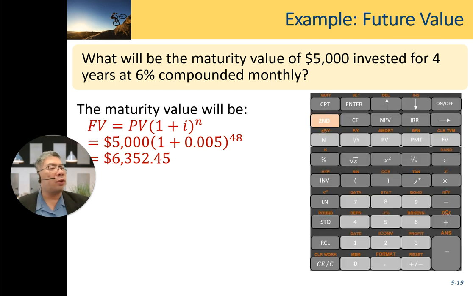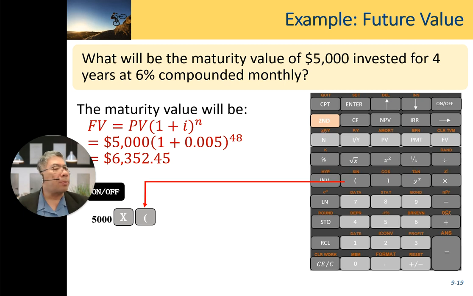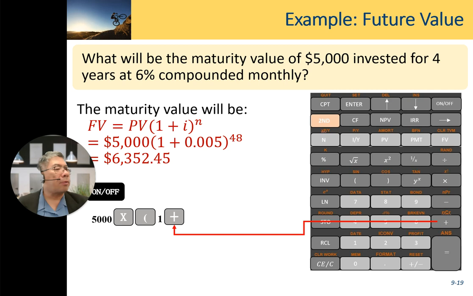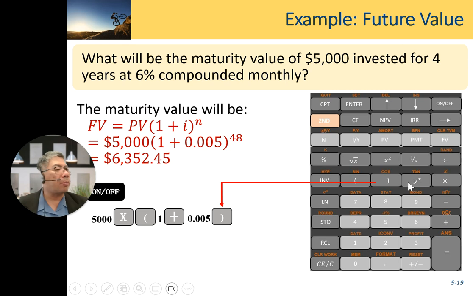So when you go into the details of the calculator, you're going to turn it on and off here. Okay, you're going to start the business calculator. Okay, you're going to plug in the number, which is 5,000 times, open bracket, and then 1 coming from there, plus 0.005, close bracket, which is coming from here.